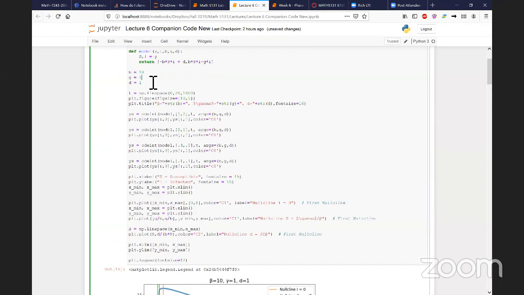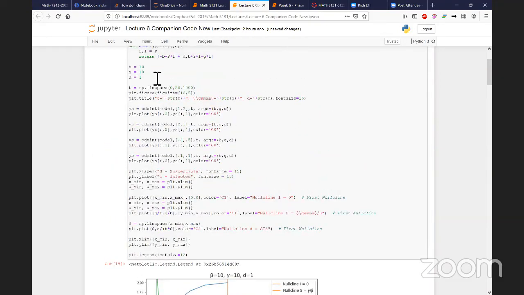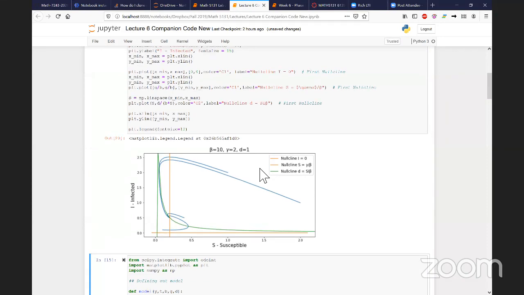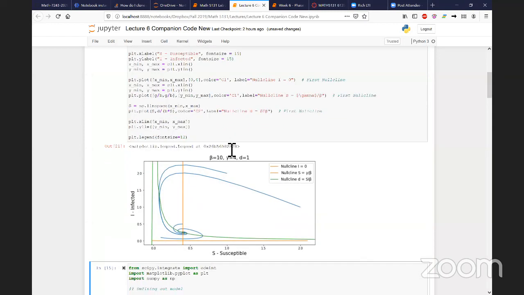So if we put gamma to 10, oh, that's way too far. Put gamma to 2. We start to see the spiraling behavior. We put gamma to 4, and we definitely see the spiraling behavior, right? All that's happening is I'm pulling that vertical null line from the left to the right. Everything else is staying fixed.